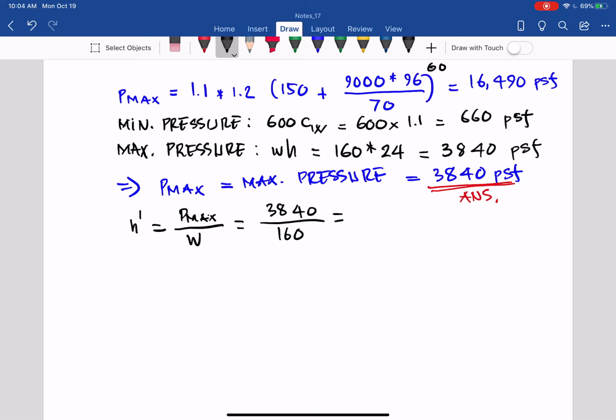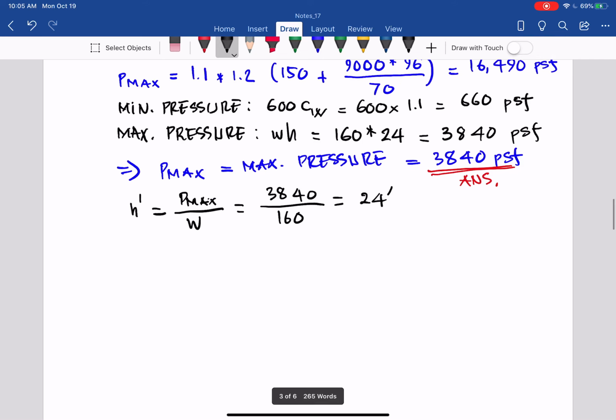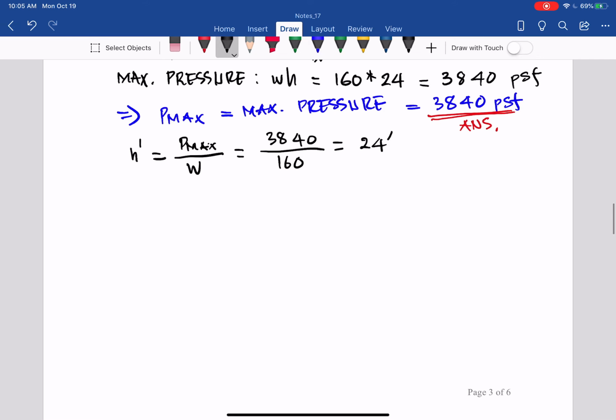Without any calculator, you can see it equals the height of the column, because now it's W times H. So that is completely fluid.